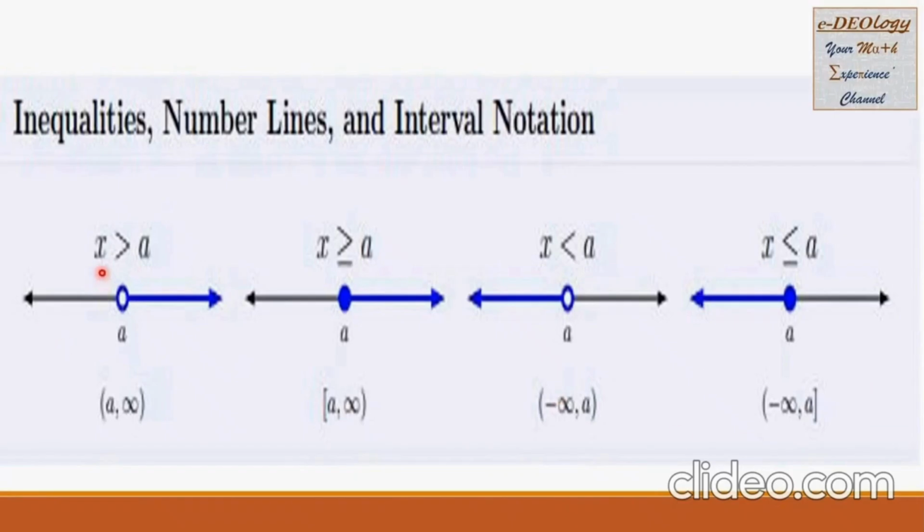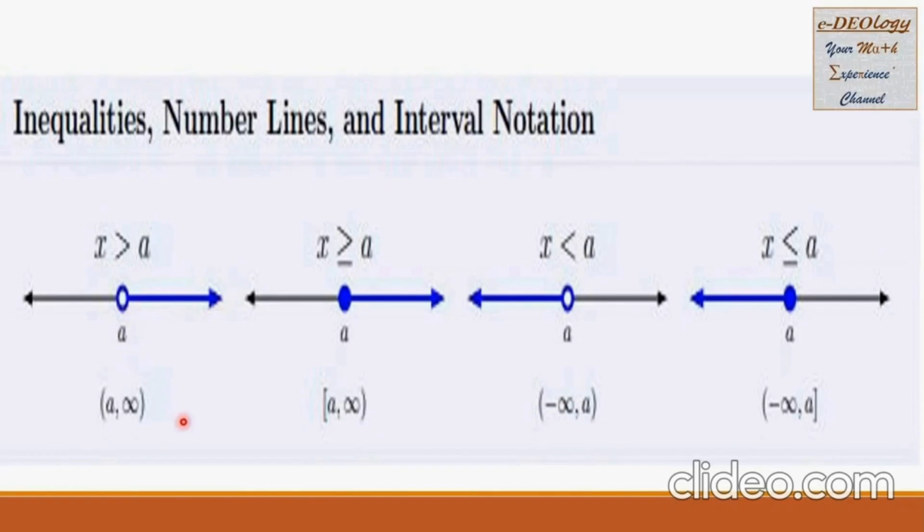On the first, we have here x is greater than a number a. So on the number line, we identify first the a, and then all numbers that are greater than a are going to the right side of the number line after the a.